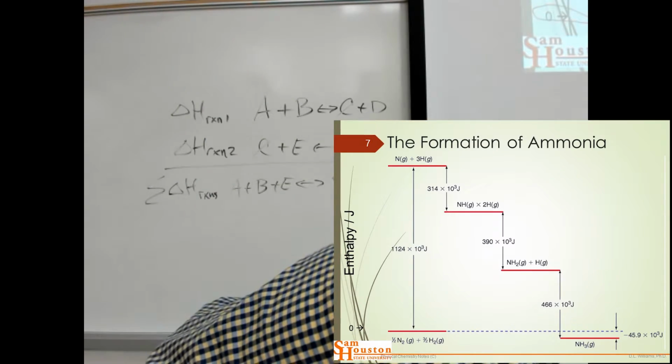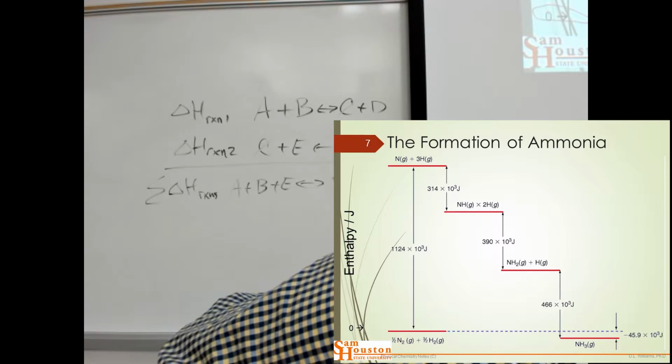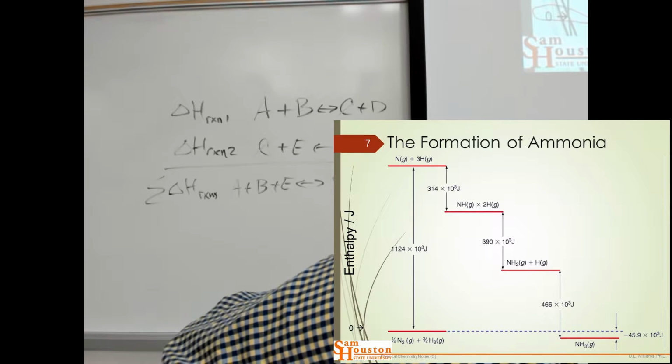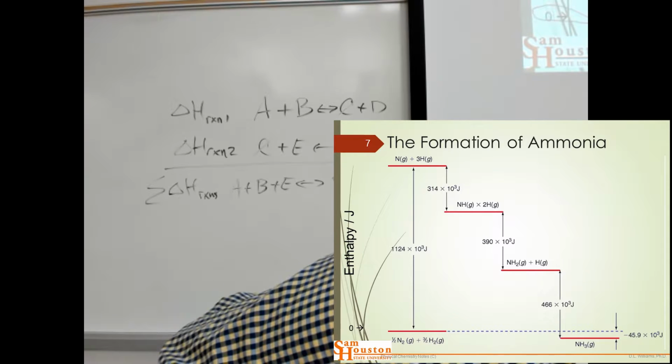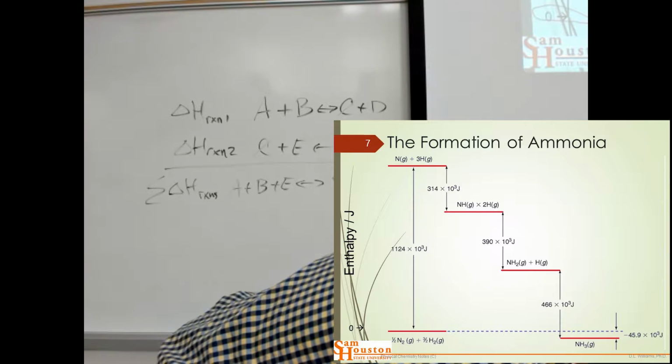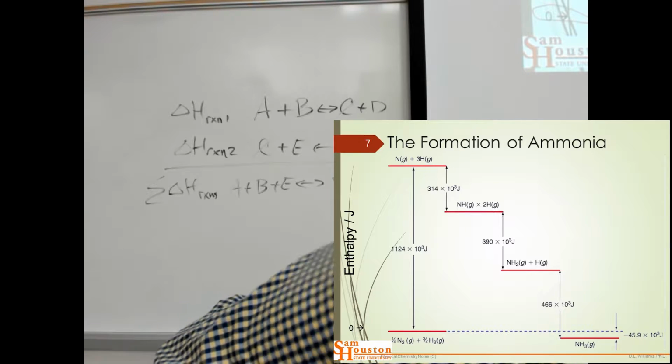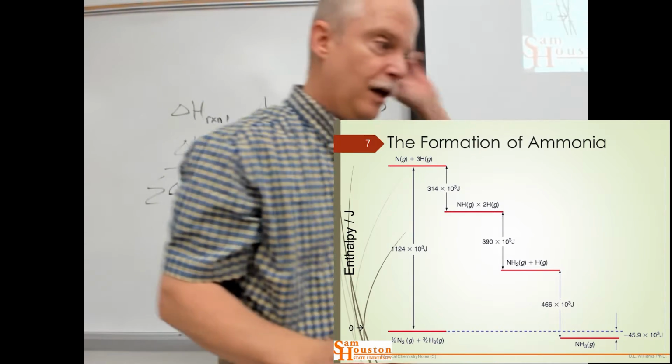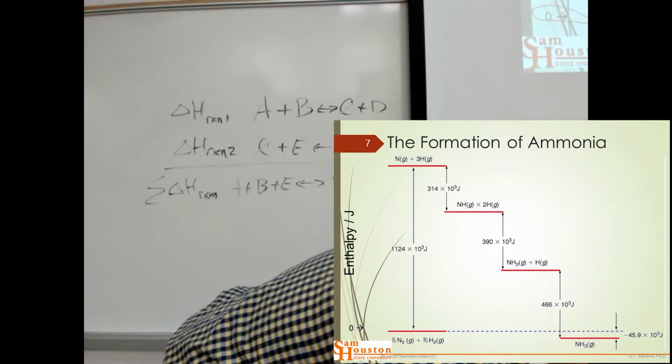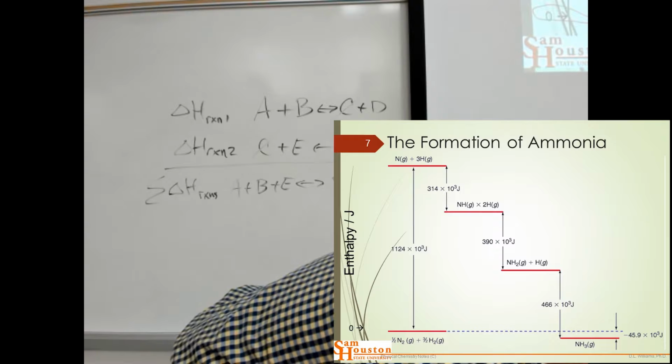And then we start reacting 1 atom at a time. Putting 1 hydrogen on the nitrogen gave us 300 kilojoules. Putting a second hydrogen on the nitrogen gives us almost 400 kilojoules. And then putting that third hydrogen on gave us almost 500 kilojoules. Once we put all 3 of those hydrogens on, we have NH3.